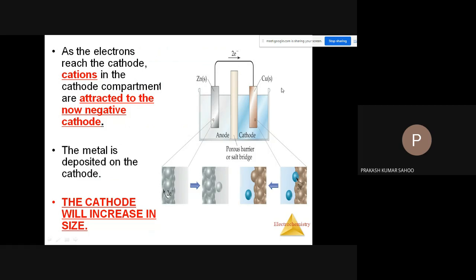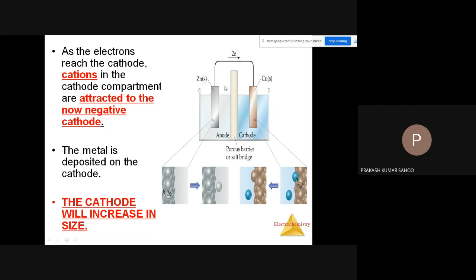And it is the potential of the copper electrode to get reduced. So this is the reduction potential, which is responsible for getting the copper in the reduced form, that means Cu2+ to Cu.